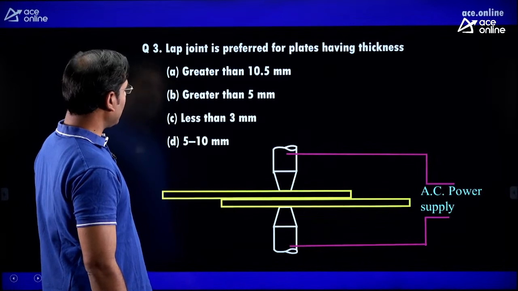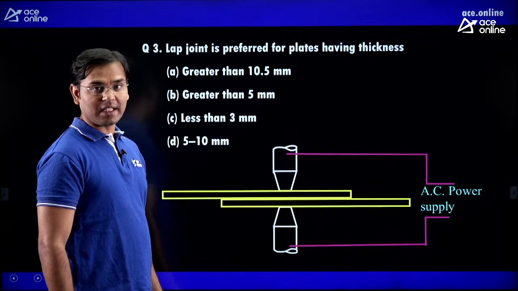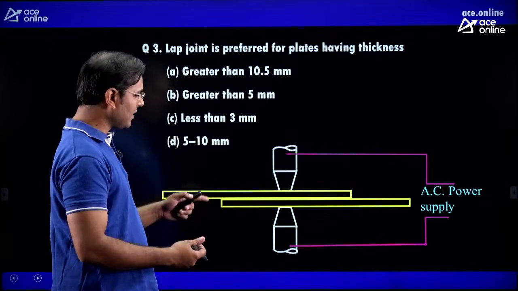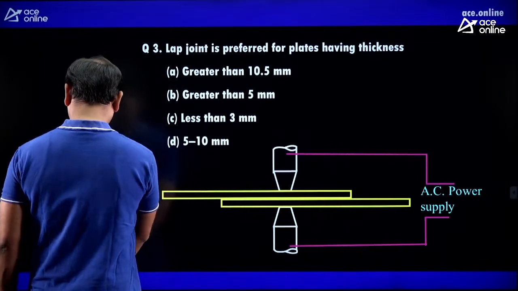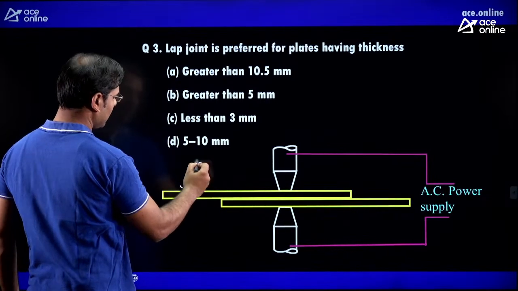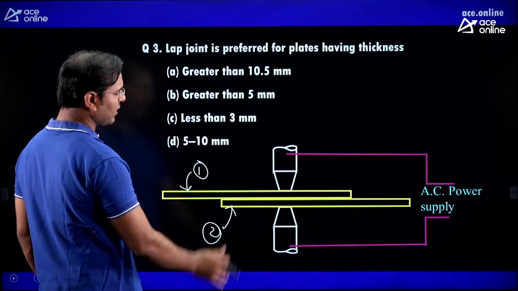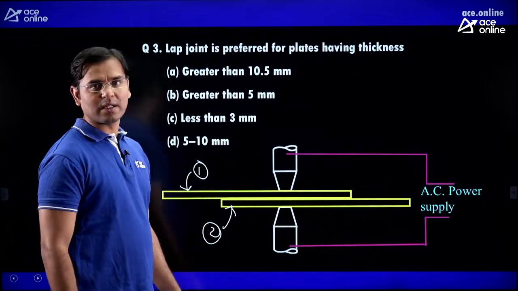The lap joint is preferred for plates having thickness what? Now see, this is the lap joint and this is the diagram of resistance welding. Here you can see two sheets, sheet number 1 and sheet number 2, and we are going to join them by the resistance welding method.